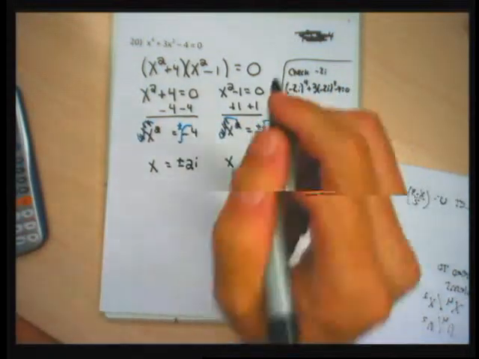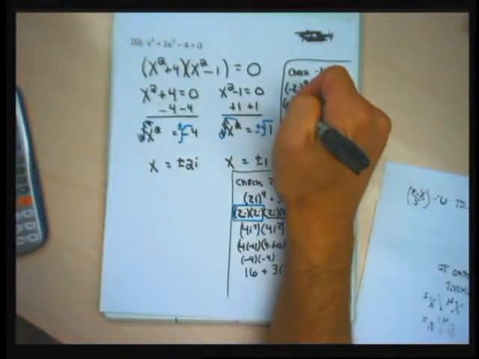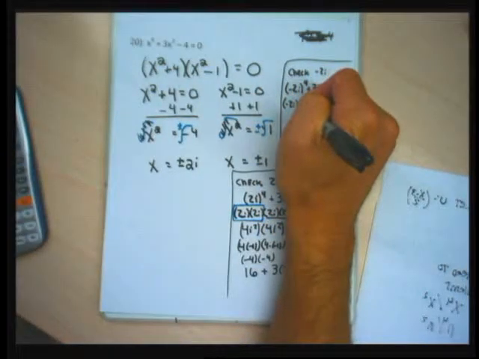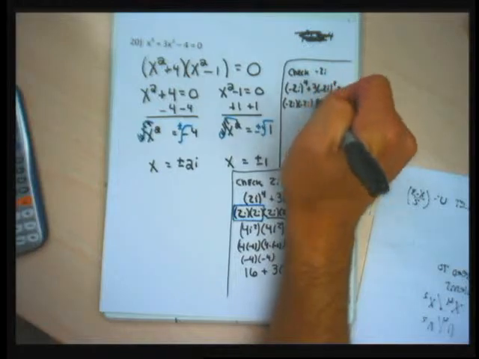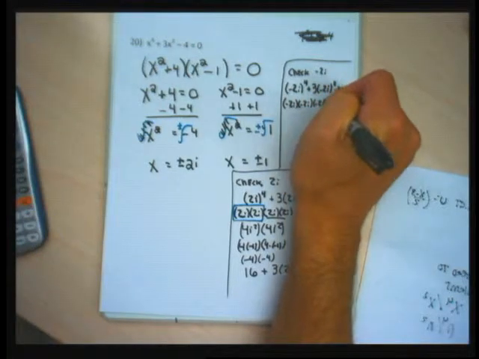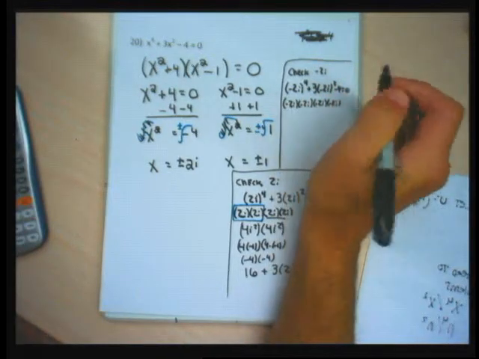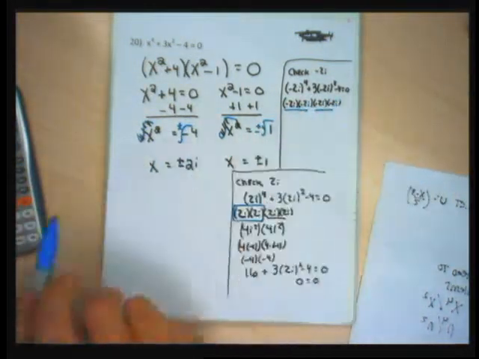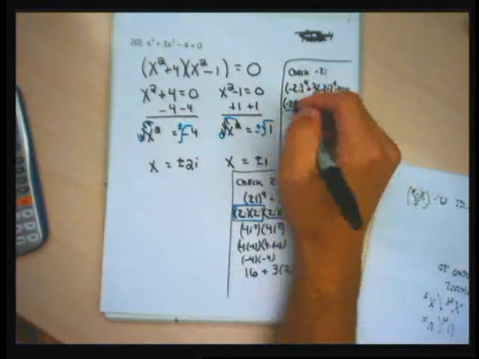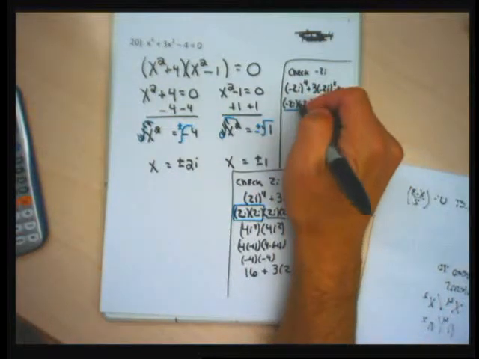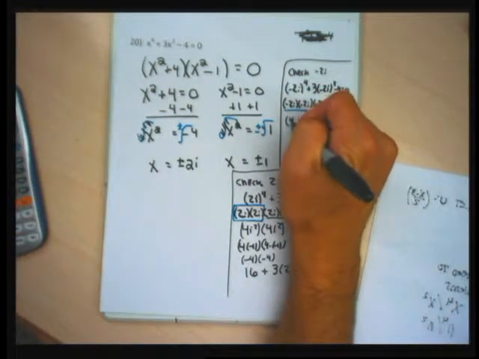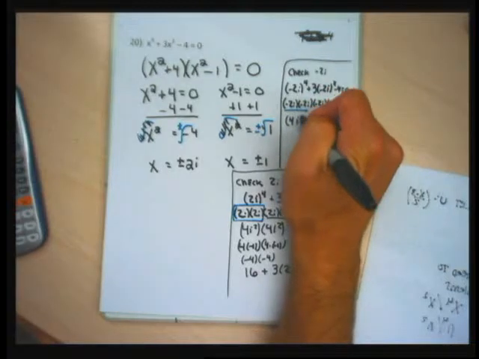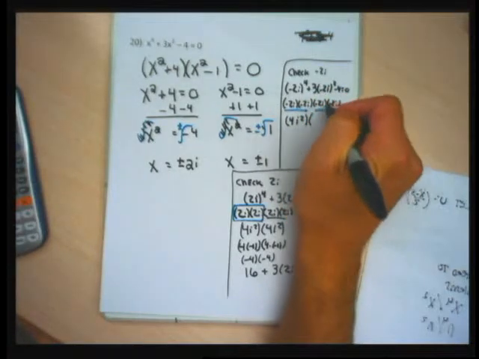I have to do the same thing with the -2i to the 4th. So I'm going to rewrite this as -2i times -2i times -2i times -2i. I'm going to multiply the first two parentheses and then the second two parentheses. First two, I multiply -2 times -2 and get a positive 4, I multiply the i's and get i squared.